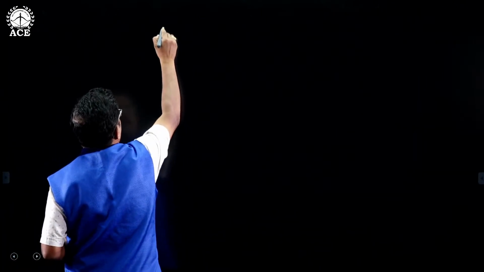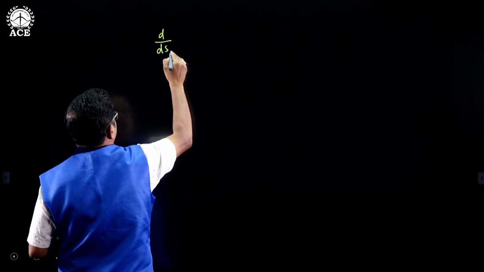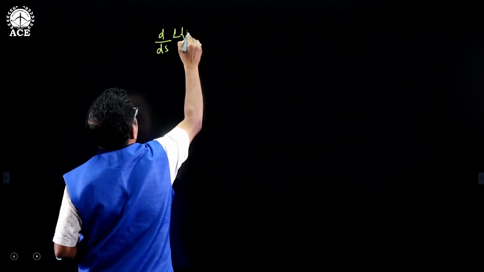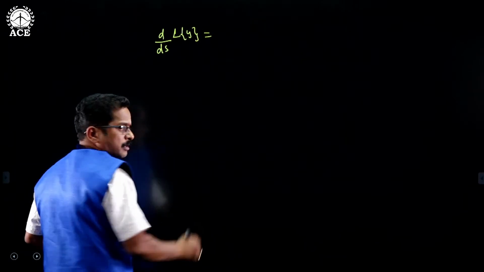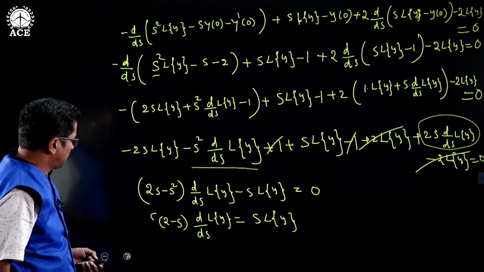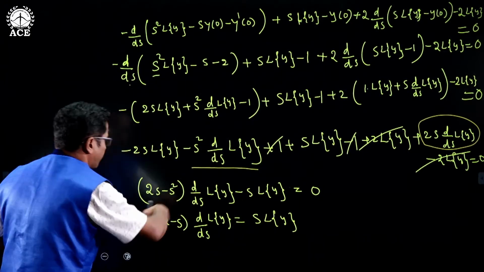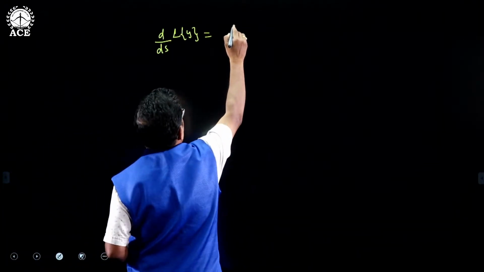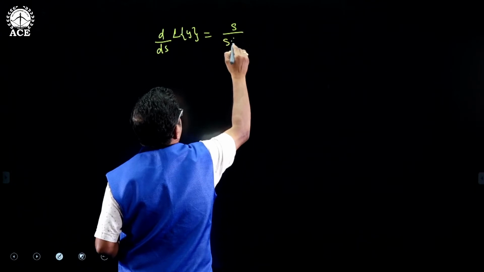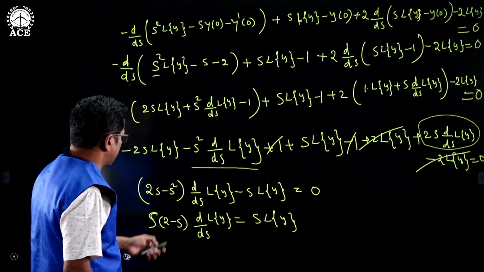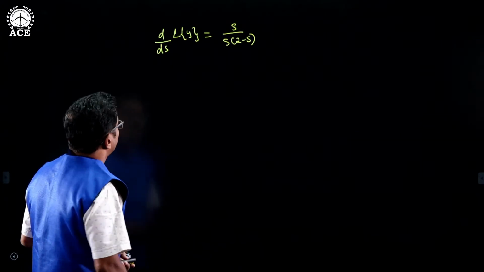Which is going to be d by ds of L of y is equal to, if I bring that side, s by s into 2 minus s into L of y.